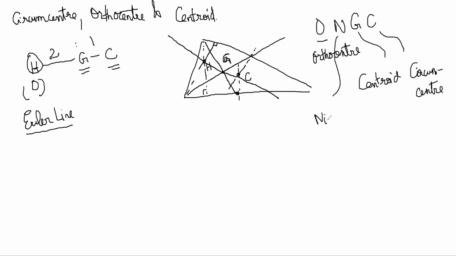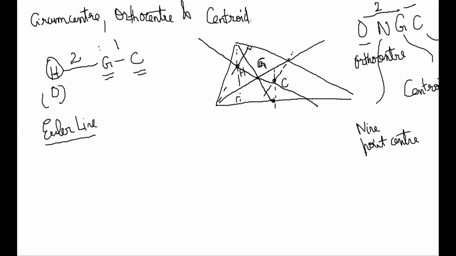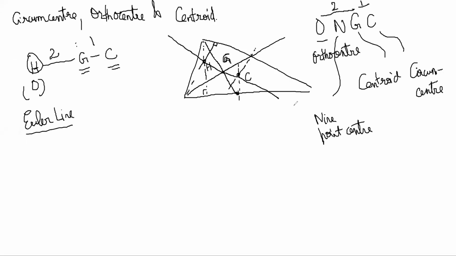We'll come to that later. Right now it is not important. So you need to know that OG is 2 and this is 1. Okay, 2:1 ratio. So OG is to GC, or you can write it also as HG is to GC is equal to 2:1 for any triangle.